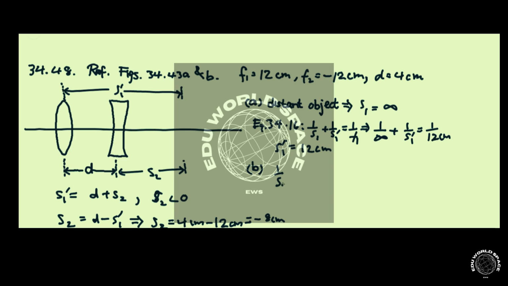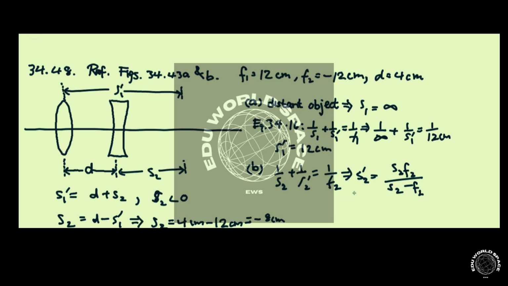So 1 over S2 plus 1 over S2 primed is equal to 1 over F2. And we can just solve this for S2 primed, which is equal to S2 F2 divided by S2 minus F2.